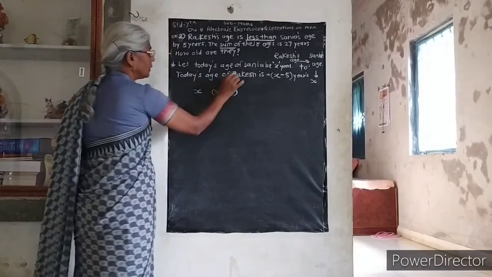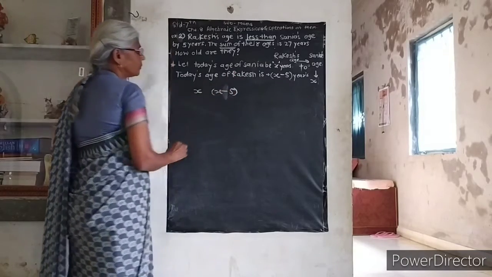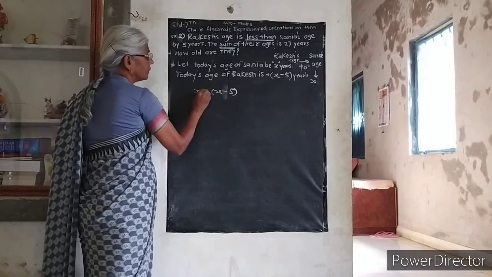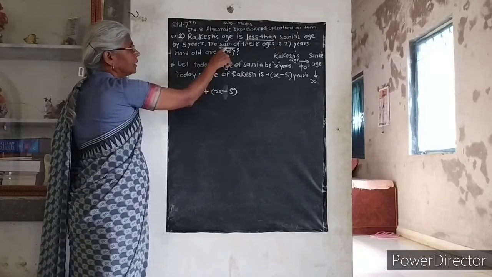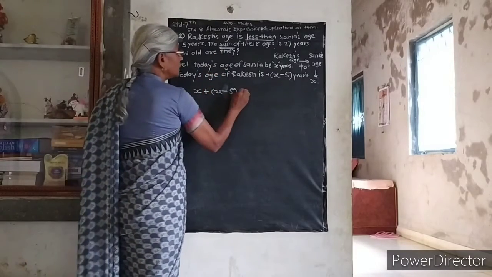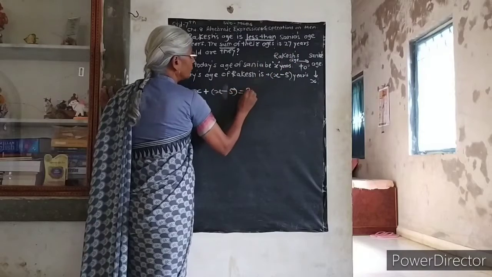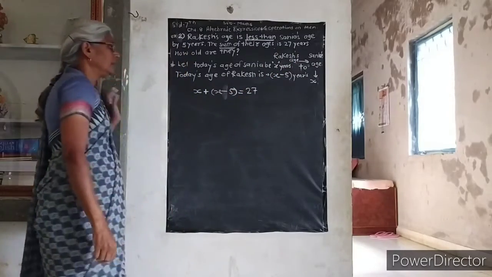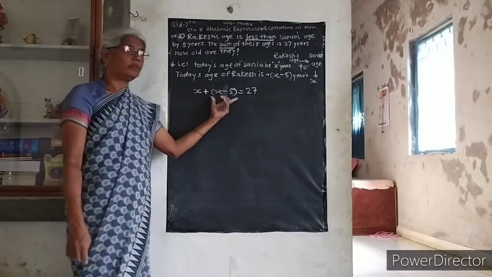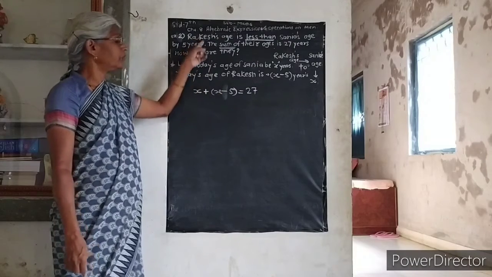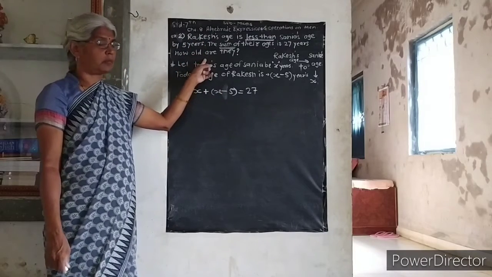Which operation? Take plus, because the word sum shows it, is equal to how many years? 27. That is the equation we form from the given information in words.